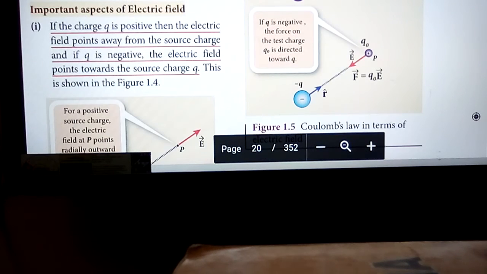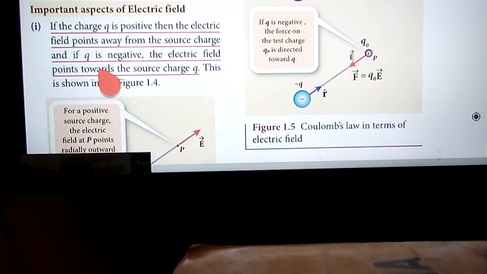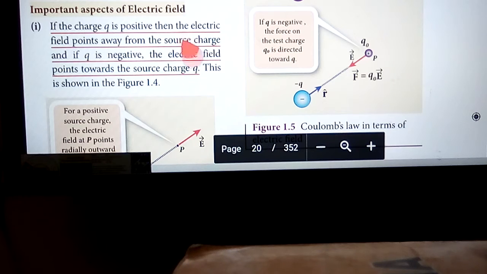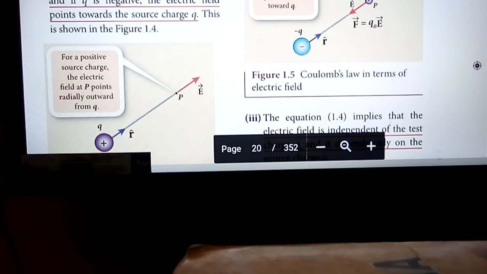The first one is, if the charge Q is positive, the electric field points away from the source charge, and if Q is negative, the electric field will point towards the source charge. So that is given in this diagram.